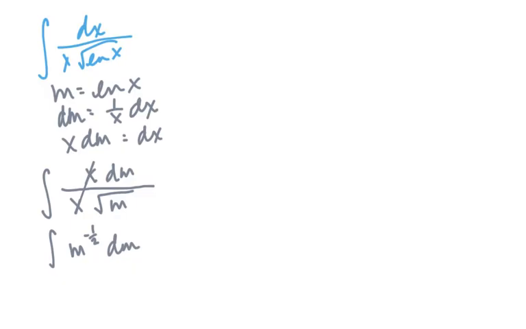When you integrate m to the negative 1/2, you add 1 to get m to the 3/2, and here I have 2/3, plus c. So we have 2/3 natural log of x to the 3/2 plus c. So that one didn't require integration by parts because u sub worked.